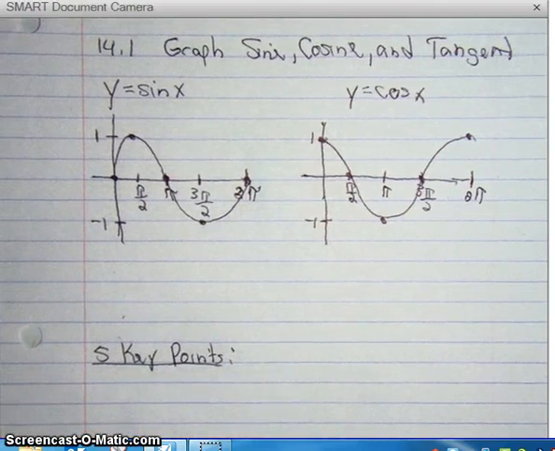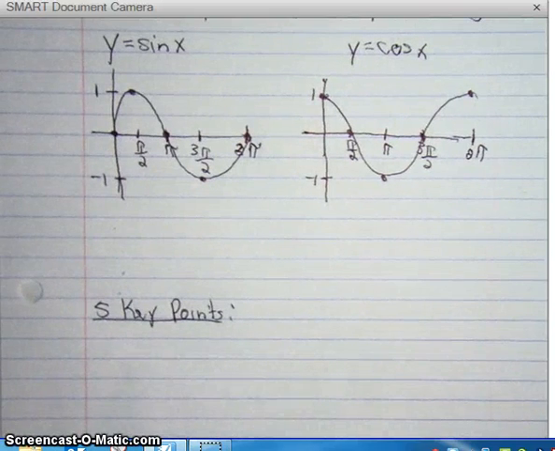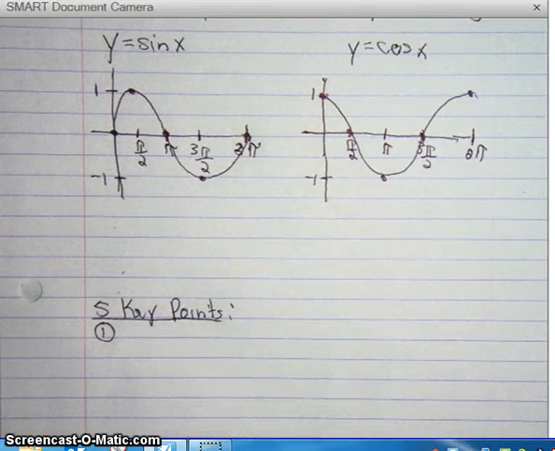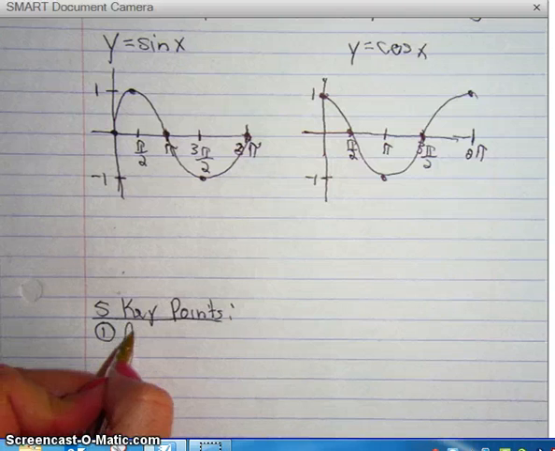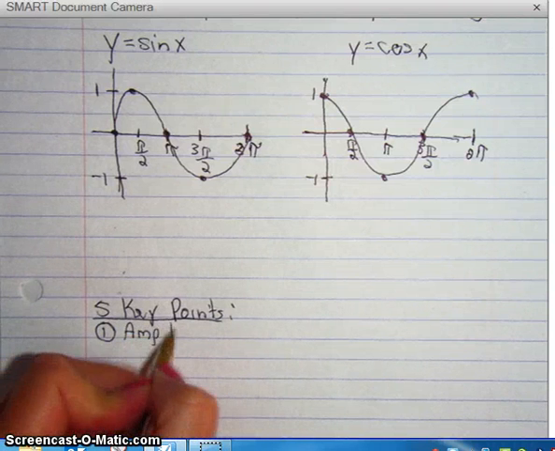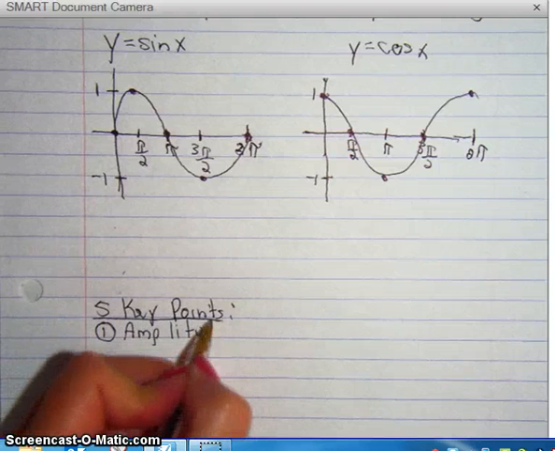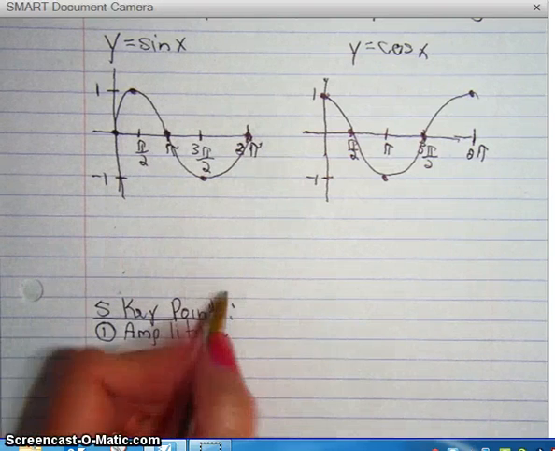And many times, guys, after you graph, we're going to ask for the 5 key points. Number 1 is amplitude. Now, does that sound familiar at all? Yeah, from Algebra 2, I assume you guys talked about amplitude.